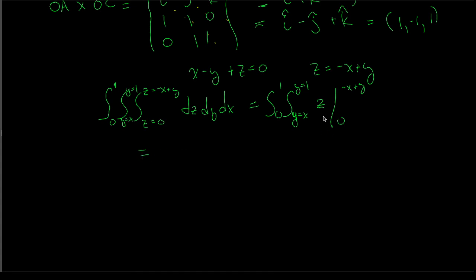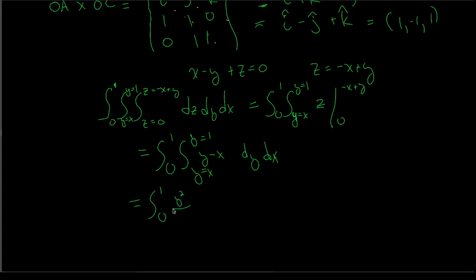And since the 0 is going to fall away in the fundamental theorem, this turns into a double integral now. And I'll write it in this order, y minus x, dy dx.